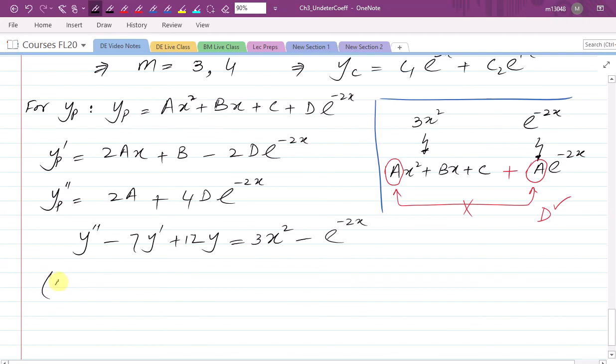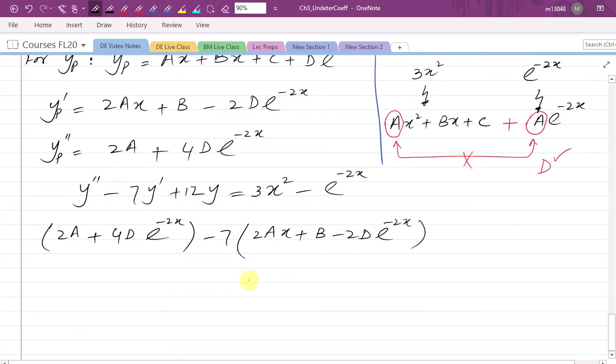Y double prime, which is 2a, okay, 2a plus 4d e power minus 2x. 7 times y prime, it is 2ax plus 12 times constant y, which is ax square plus bx plus c plus d e raised power.